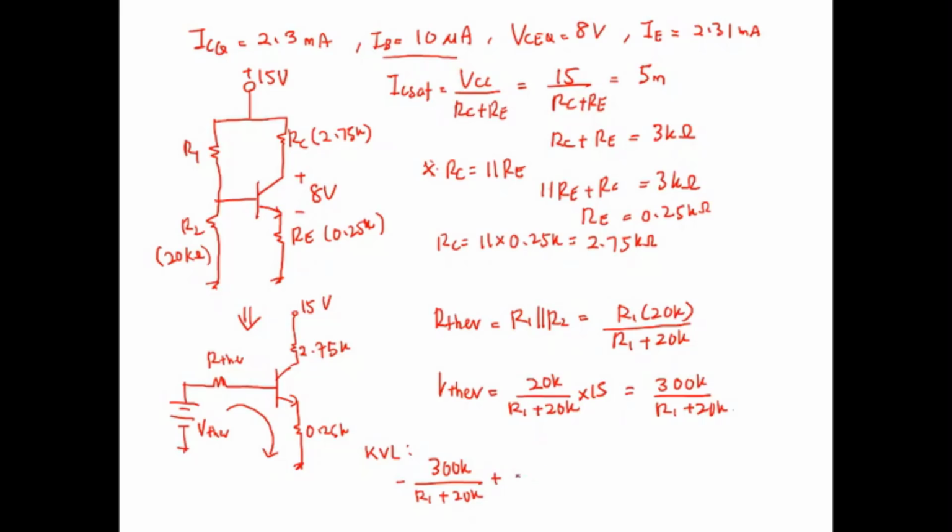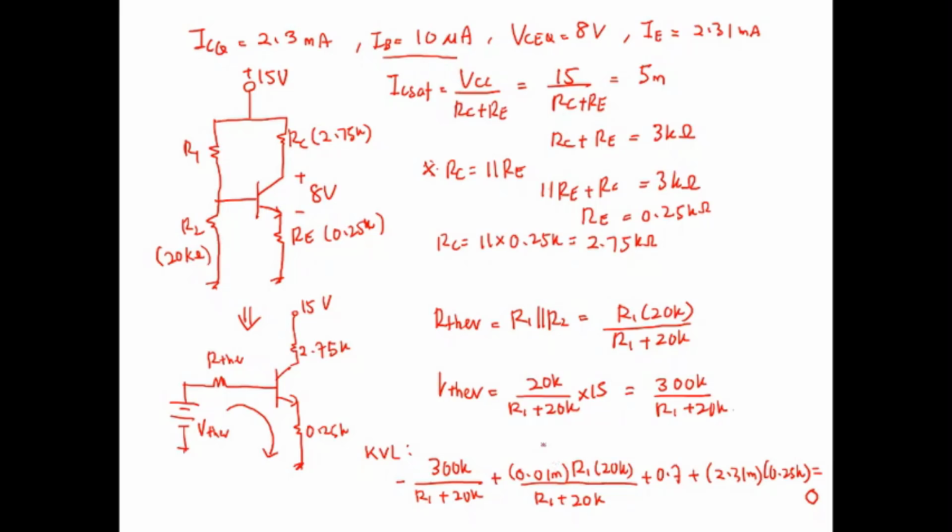IB is 10 microampere, but usually I will use the ampere unit, so I convert it to 0.01 milli times R Thevenin, which is R1 20k over R1 plus 20k, and then the voltage drop at the base emitter, which is 0.7, and the voltage drop at 0.25k, which is 2.31 milli times 0.25k, equal to 0.